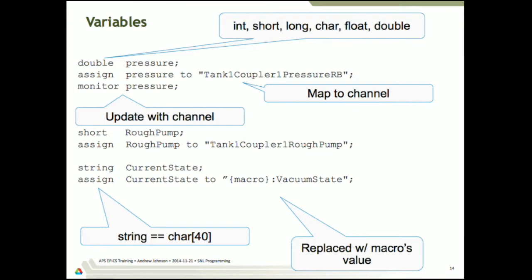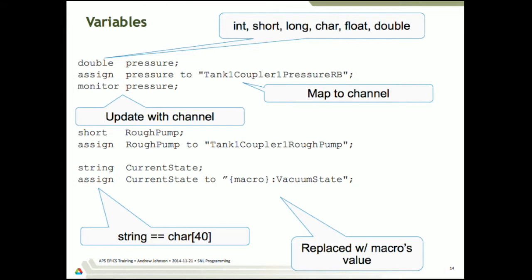So these other two variables that we're declaring here, rough pump and current state, we've declared them as variables and we're assigning them to channel access channels, but we're not actually monitoring them because we're going to use them to do puts. We're not using them to get current values.